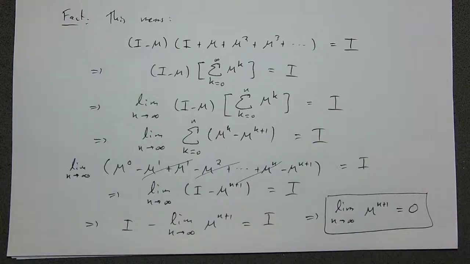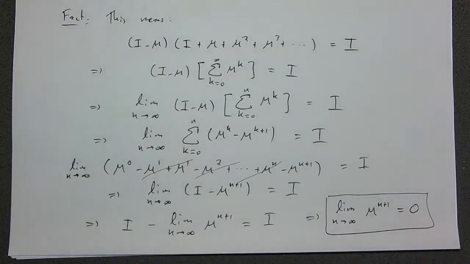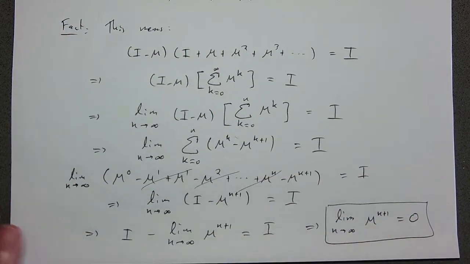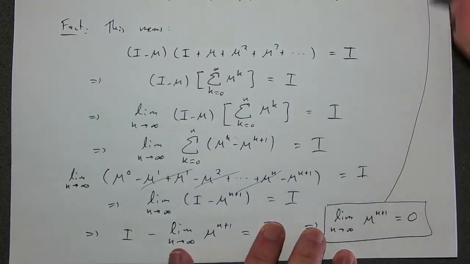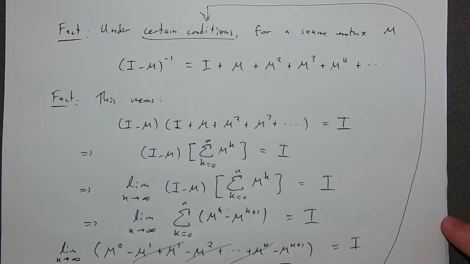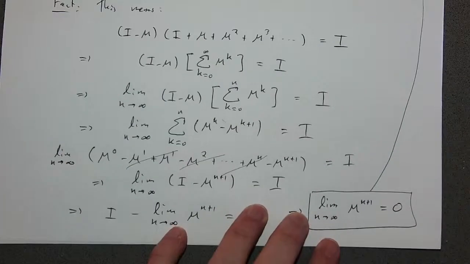Of course, M is a matrix, so what does 0 mean here? This means it has to be the 0 matrix, right? So, you know how we said under certain conditions? Well, this is the condition that guarantees that this is the case.